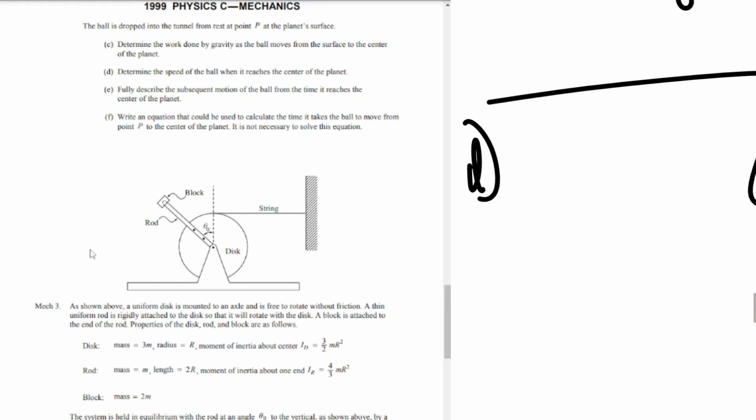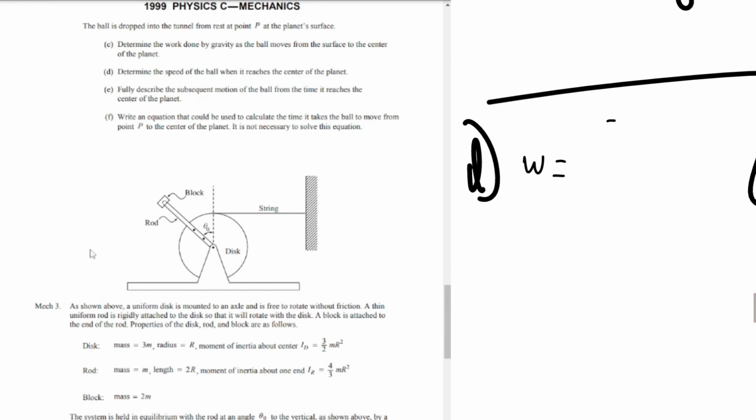So when they just asked me to solve for the work, it's because they were setting me up for this next question. What you need to understand is work equals the change in kinetic energy, right? Well, you might be thinking, isn't there gravitational potential energy? No. In this situation, there isn't, because we physically took it out of the system by saying the work done by gravity is the change in kinetic energy.